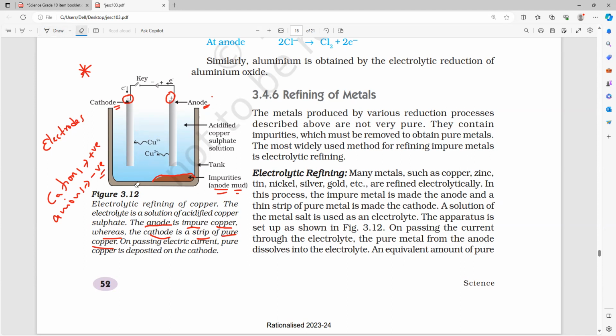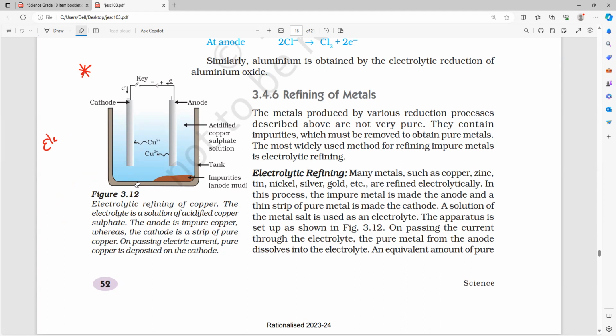Cations are positive, cathode is negative. Anions are negative, anode is positive. In extraction of metals, please remember, impure metal is taken at the anode, pure metal is taken at the cathode. If you spend 10 minutes, you can practice this diagram beautifully.